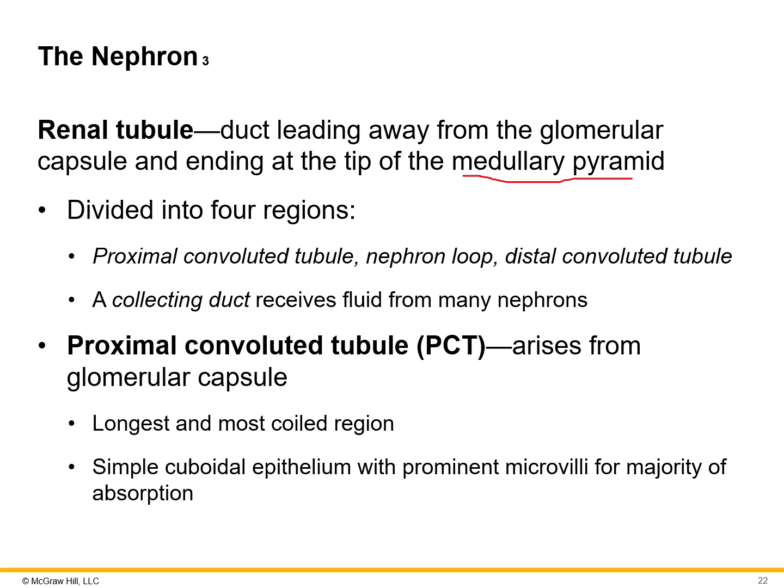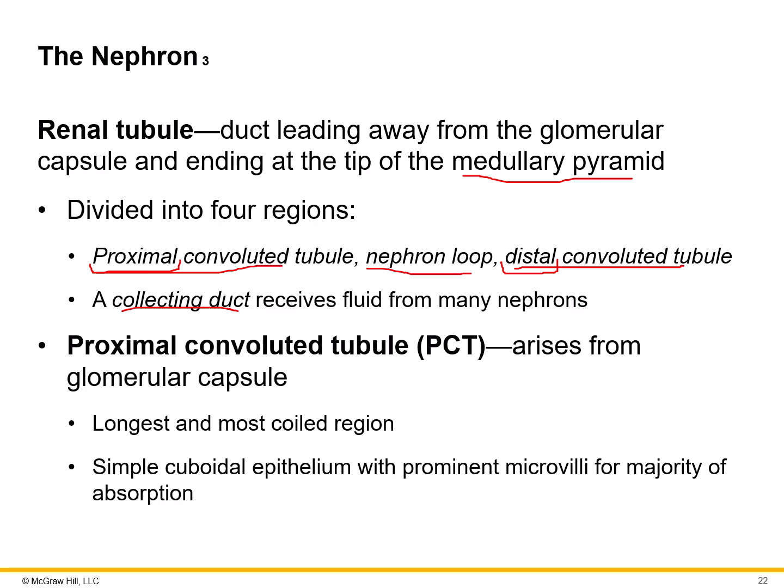Now, we actually get 4 regions of this tube: the proximal convoluted tubule, the nephron loop, the distal convoluted tubule, and a collecting duct. So, proximal and distal. Proximal means close to, distal means away from. This is in terms of the glomerulus.